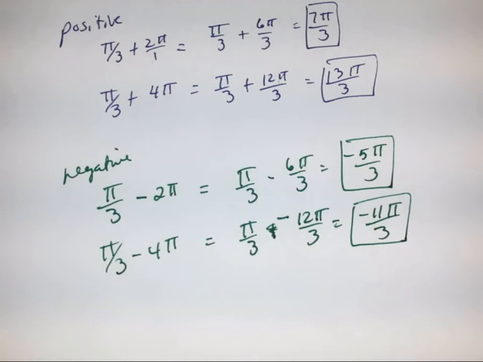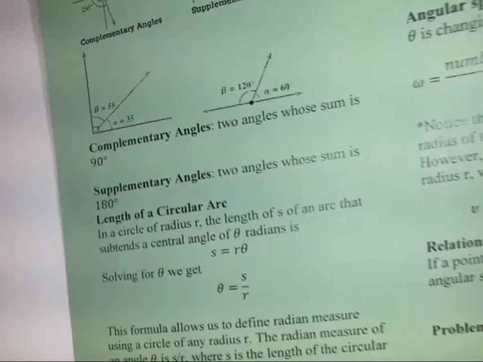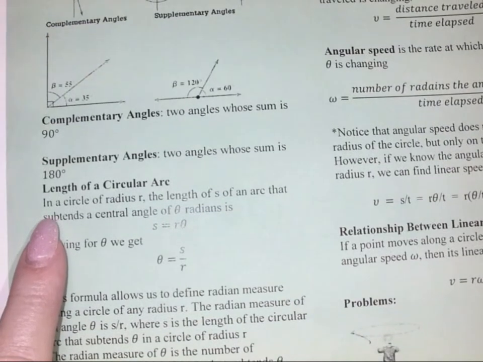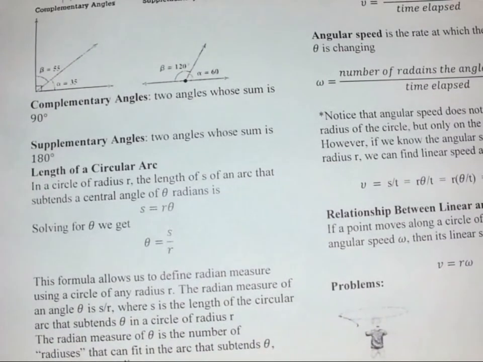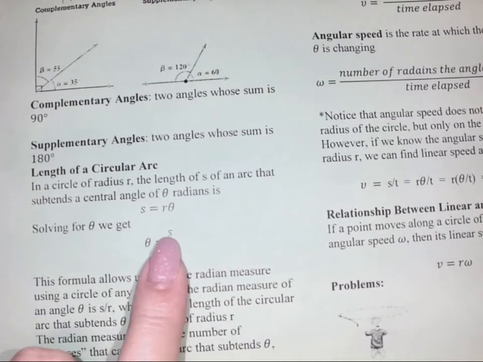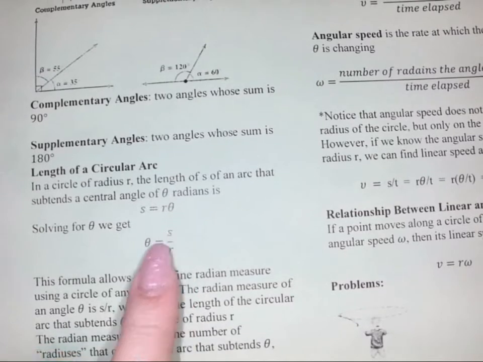All right, so our next part is looking at the length of a circular arc. So in a circle of radius r, the length S of an arc that subtends, remember that's opposite, a central angle of theta radians is S is equal to r theta.